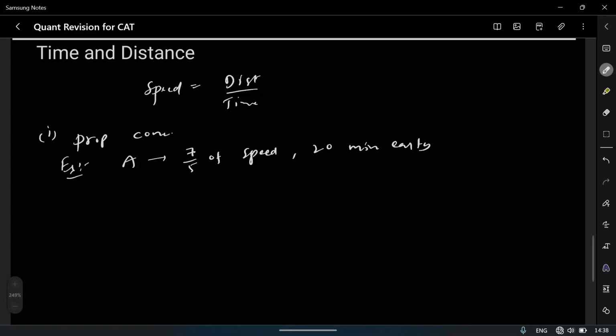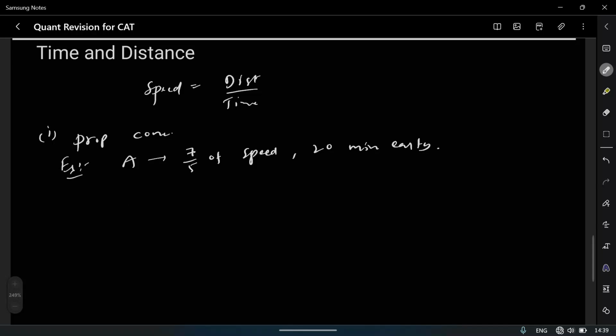Now you have to find the normal time taken by A to reach his office. Normally, how much time is he taking to reach his office? That is what we have to find.